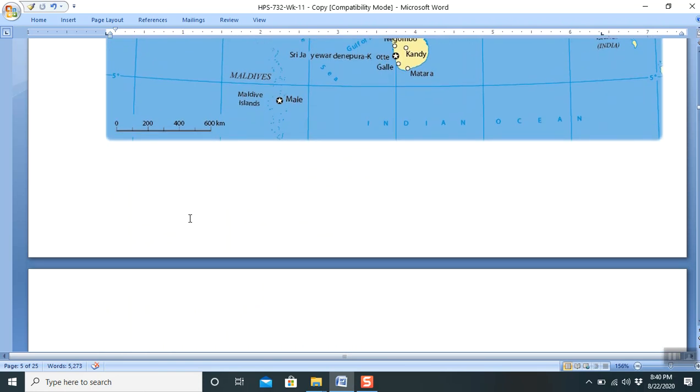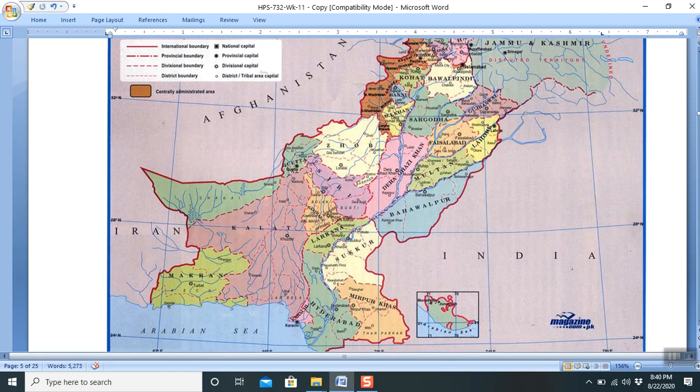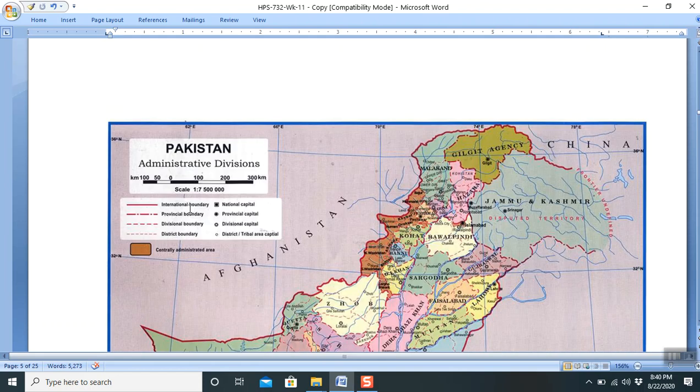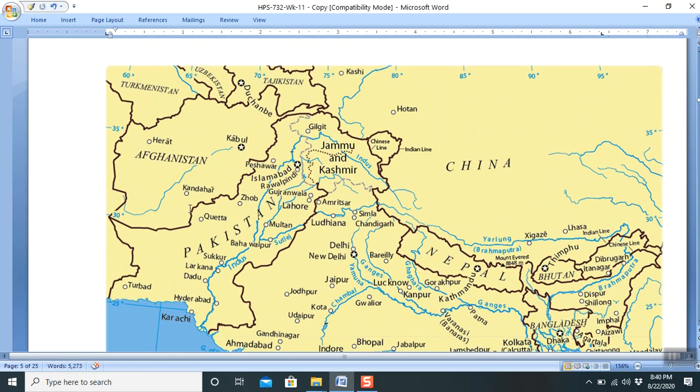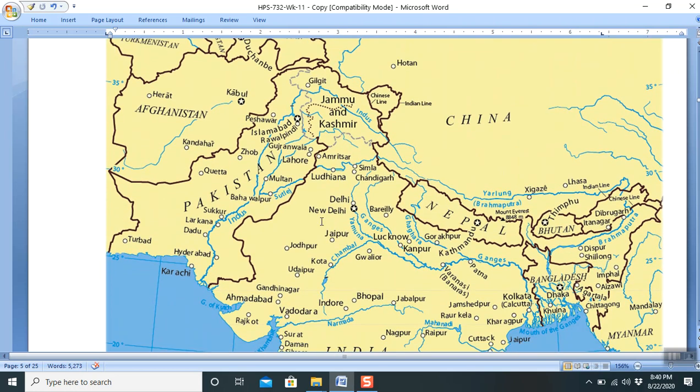Well, topography of Pakistan: you see here that Pakistan shares a huge border with India, and it is called the Durand line.